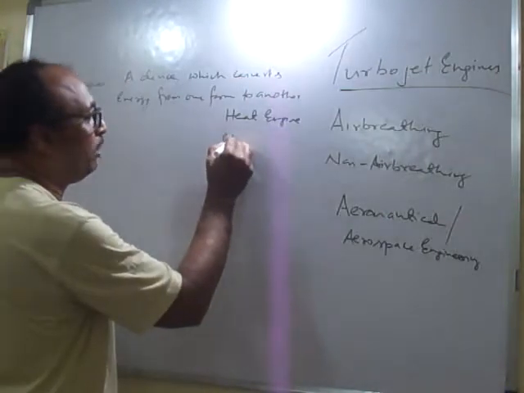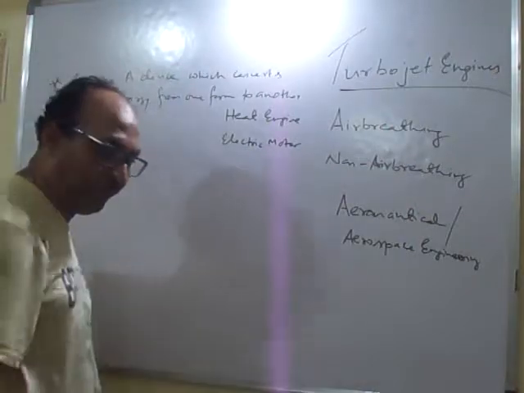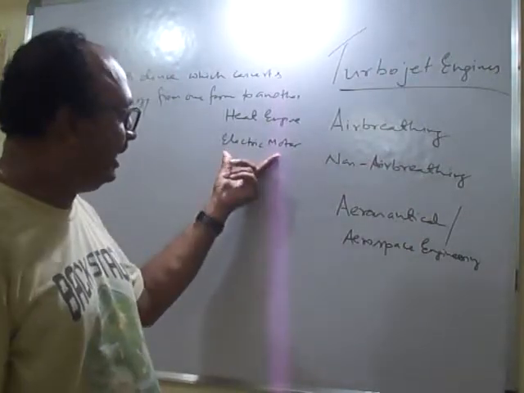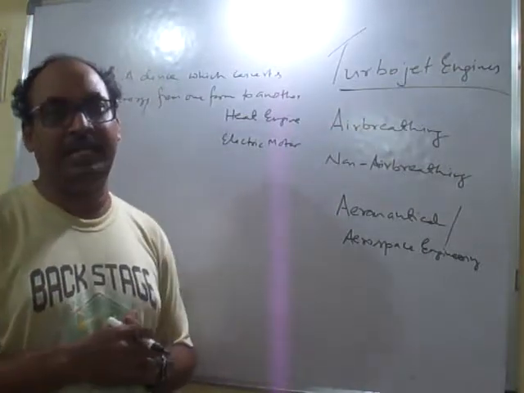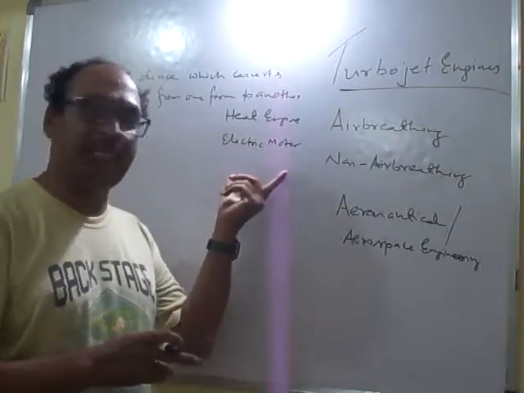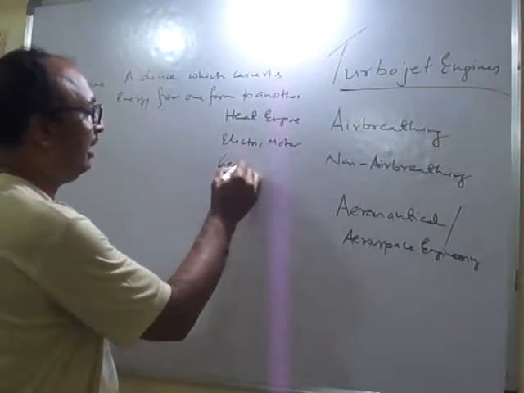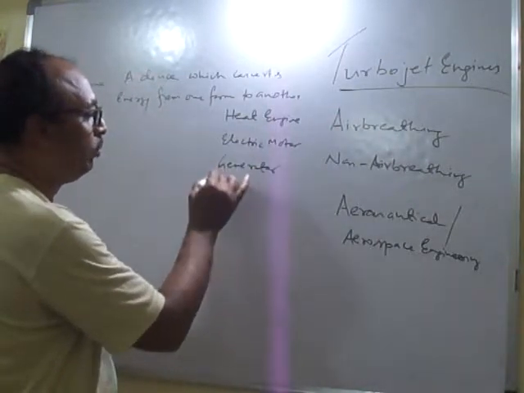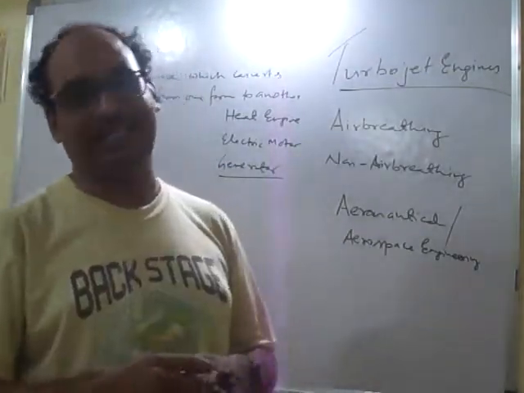Even an electrical motor is also an engine. How is it an engine? Because an electric motor converts electrical energy to mechanical energy. Similarly, a generator also is an engine because it converts mechanical energy to electrical energy.